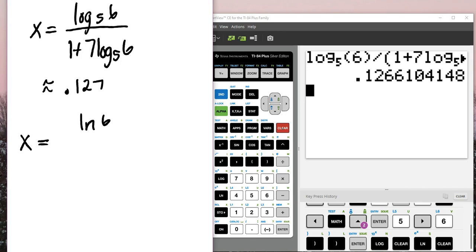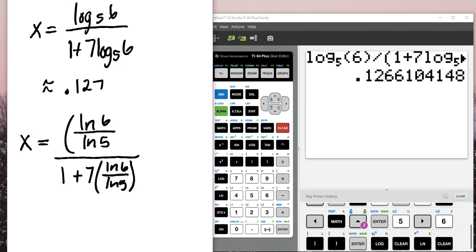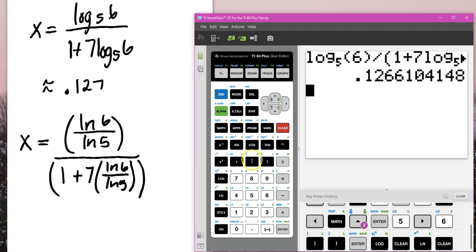Natural log of 6 over natural log 5, that's for the log in the numerator, and 1 plus 7 times natural log 6 over natural log 5. So this is what I would need to type in, and I'm putting parentheses in all the places I'll put it in when I type in the calculator.